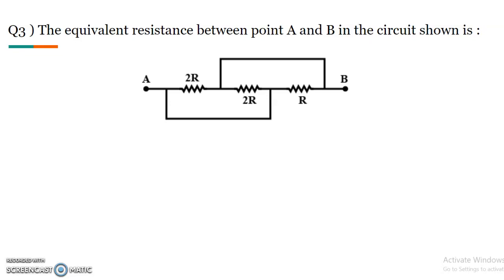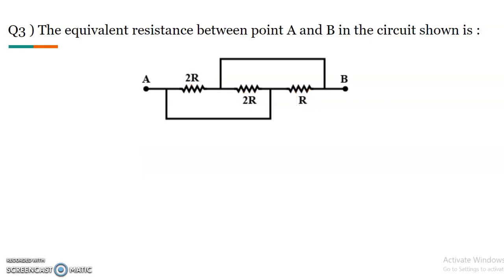Now see, this wire connects this 2R as well as this 2R in parallel, and this 2R is connected to this R again in parallel. So now we are simply going to add all of them in parallel combination. So 1 by Rp is equal to 1 by 2R plus 1 by 2R plus 1 by R.